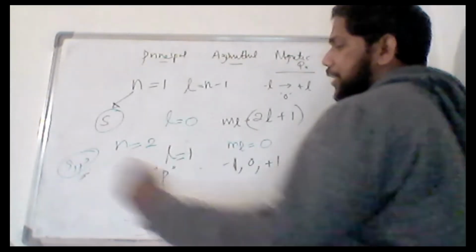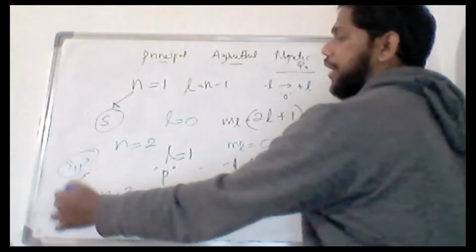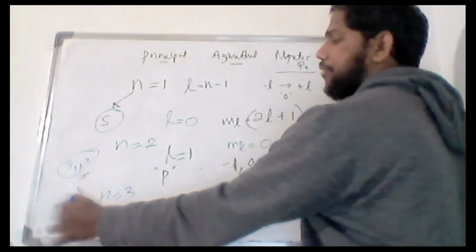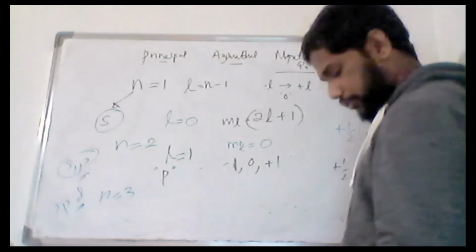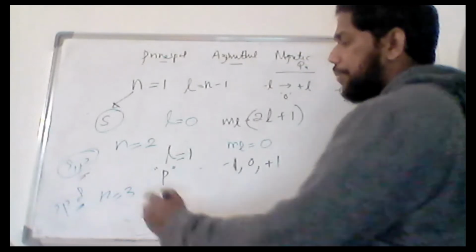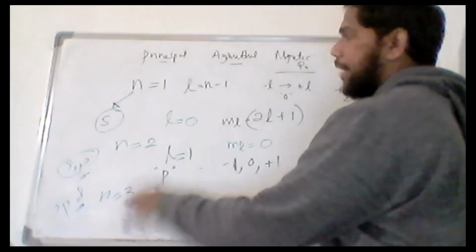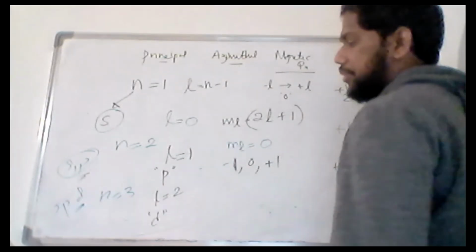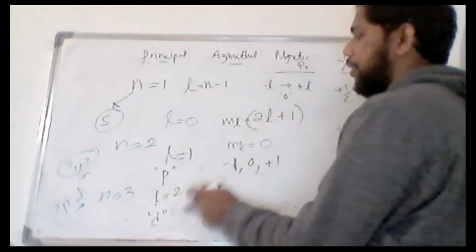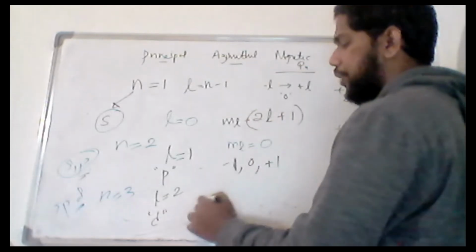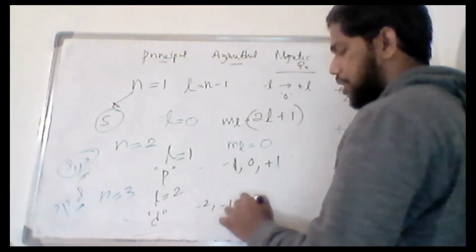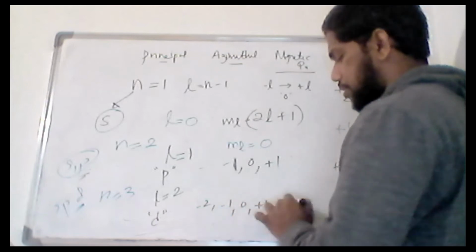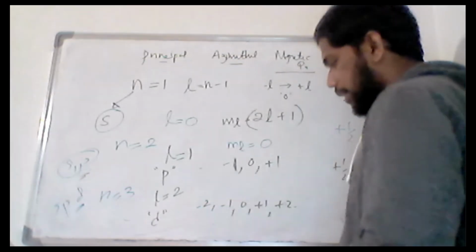And if I go to n equal to 3, where you have now S, P, and D, and if you consider a D electron, L will be n minus 1, which will be 2 for a D electron. So here, if you put 2 into 2 plus 1, means 5. So it will be minus 2, minus 1, 0, plus 1, plus 2. Okay.